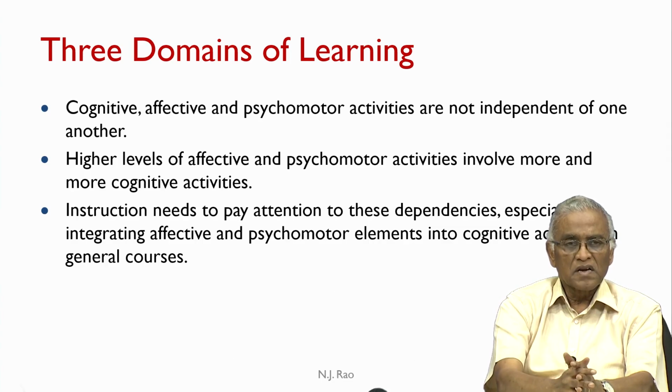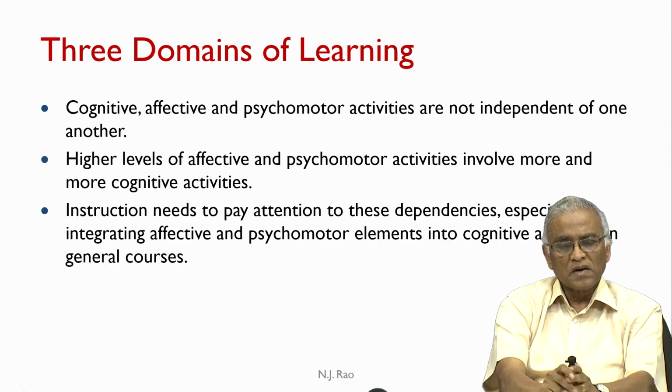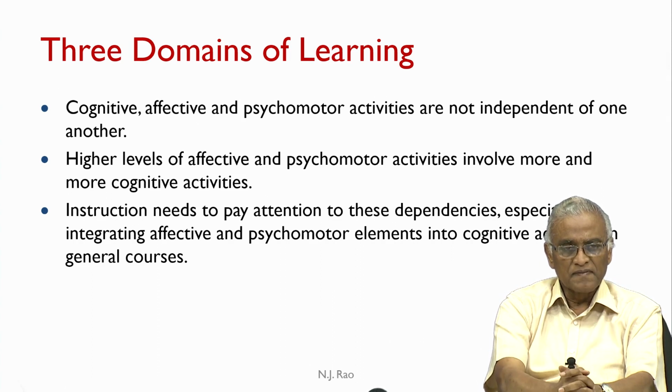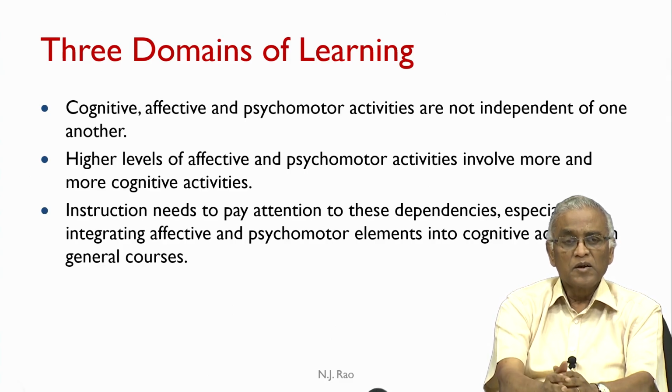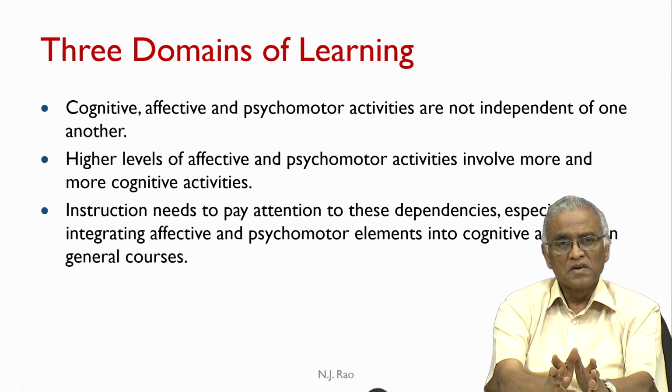Unfortunately, all our college education is mainly cognitive. We do not disagree about the role of the others, but our system does not permit paying attention to the affective and psychomotor domain activities, and that is where the major reform has to come.